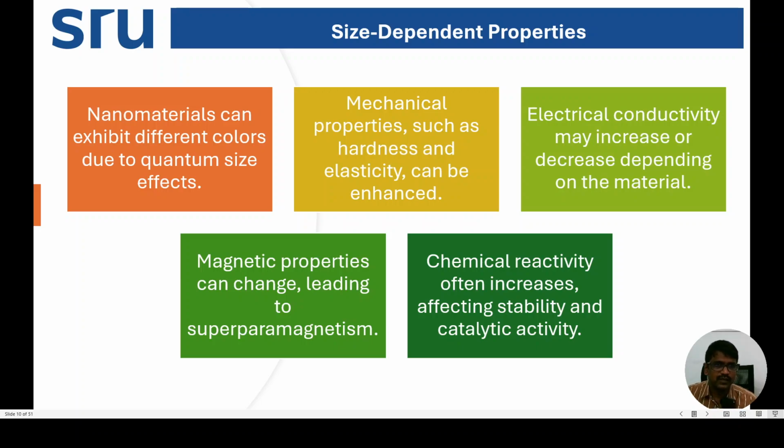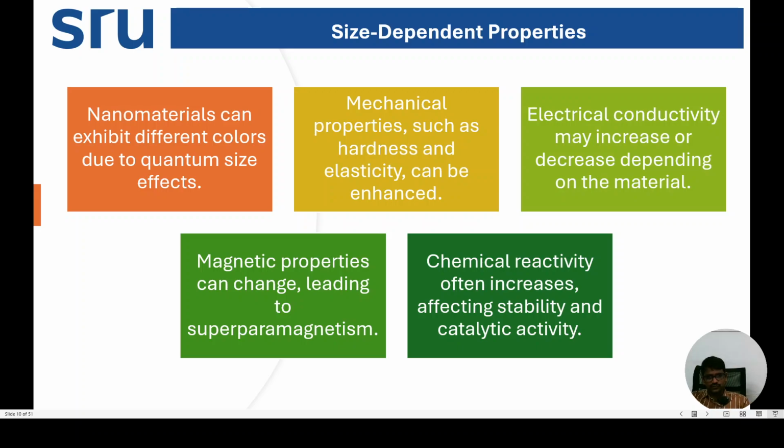Many of the properties, be it mechanical, electrical, magnetic, or chemical, will all change. These properties at macro level are different. The same magnetic, optical, electrical properties at micro size are different. The same mechanical, electrical, magnetic, chemical properties at nano level are very different.